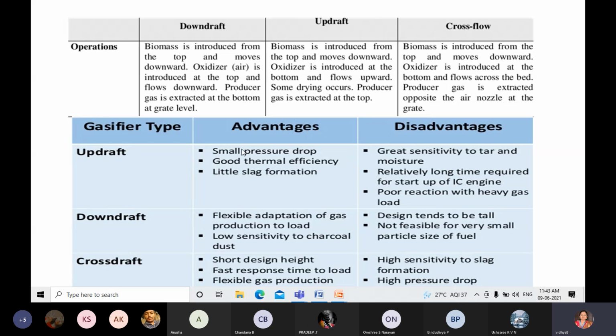What are the advantages of updraft? Small pressure drop, good thermal efficiency, and little slag formation. What are the disadvantages?